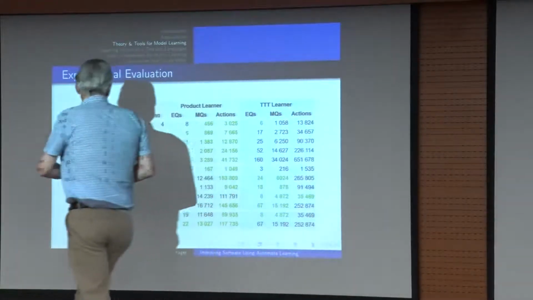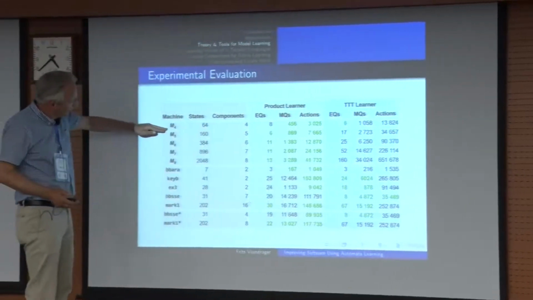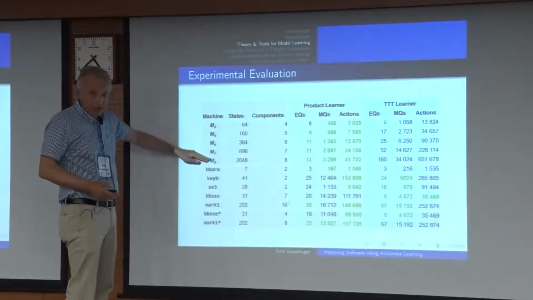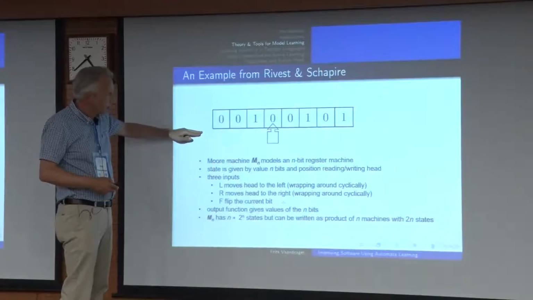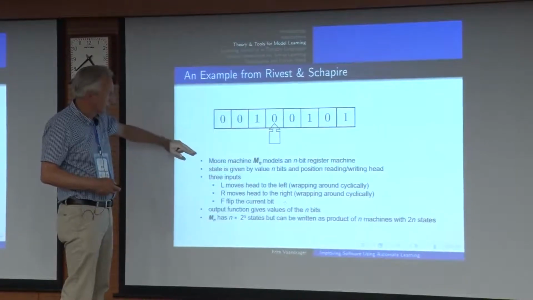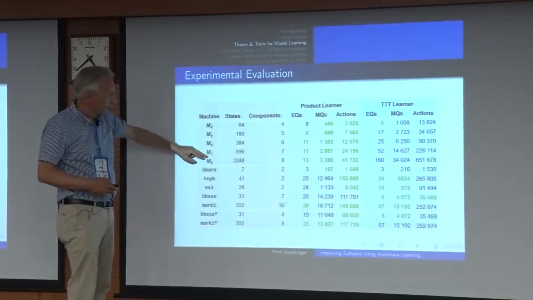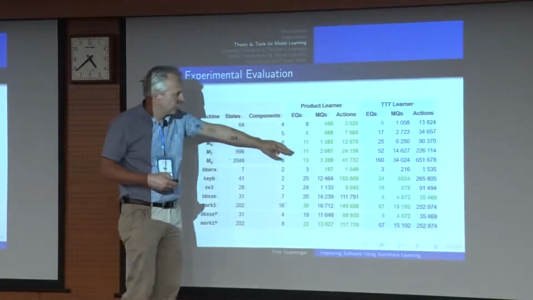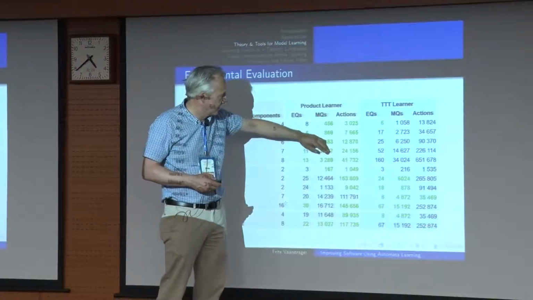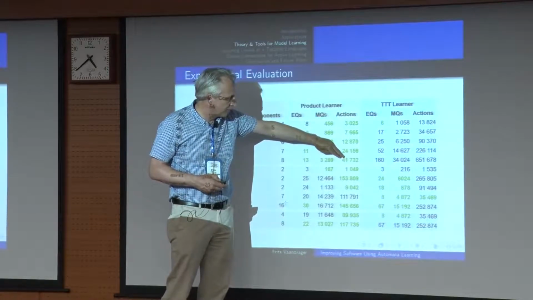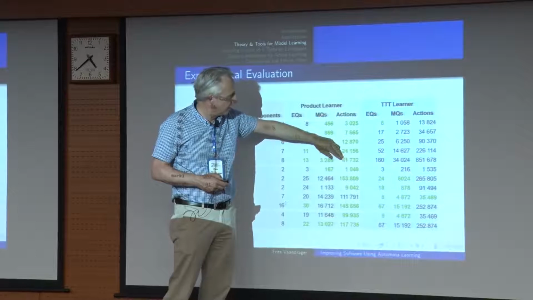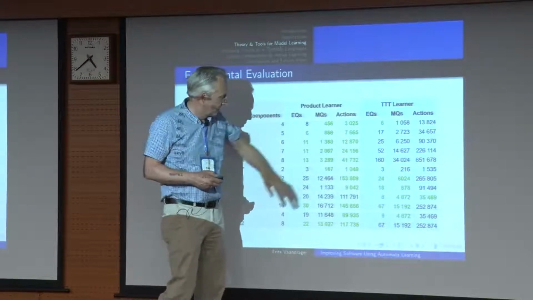The benchmarks he did were these. This is this counter machine. This is this n-bit register machine. For different parameters, you see that the number of input symbols is much lower when you use this simple trick.